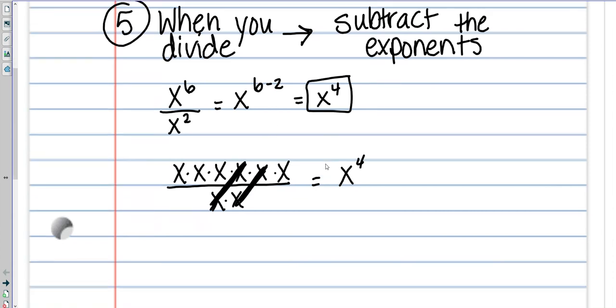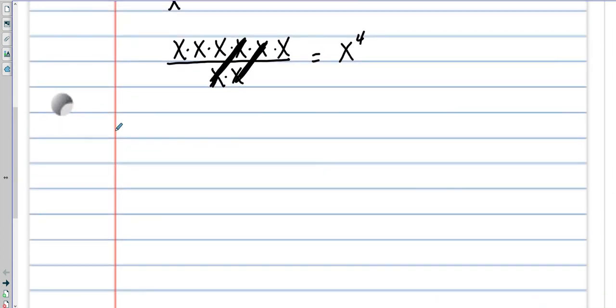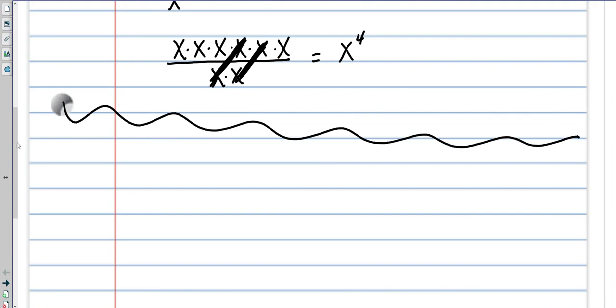All right, let's go ahead and look at some examples. Okay, so the first example here, we'll call this number 1. We have y to the 4th over y to the 6th. Okay, so because we're dividing, we're going to subtract. Now, be careful here because the exponent in the numerator is the one that goes first. So it's going to be 4 minus 6.